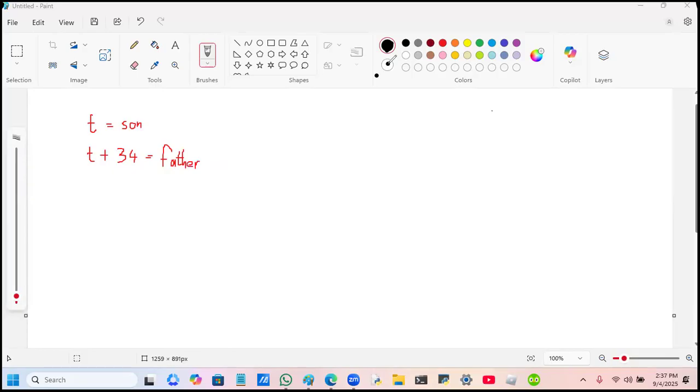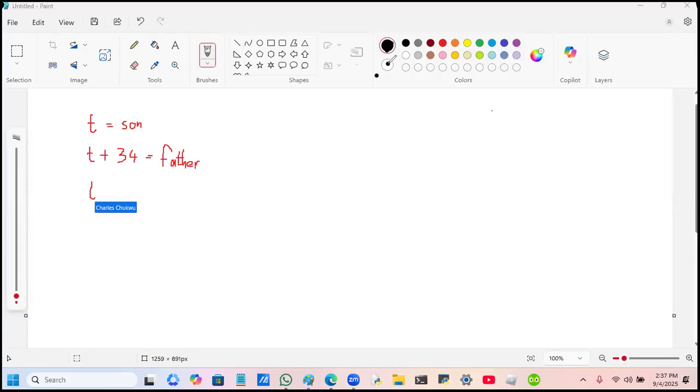You said that the sum of their ages is what? 40.